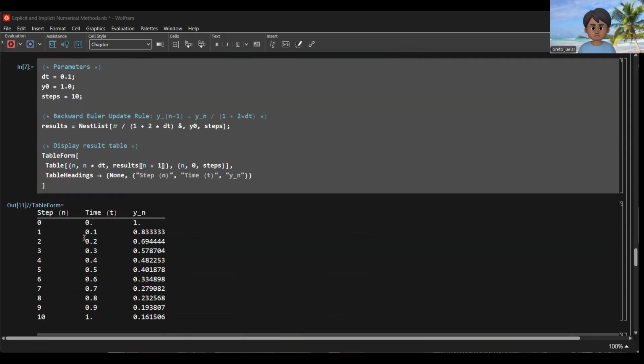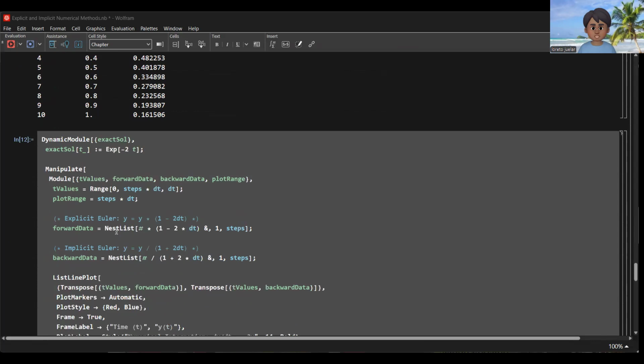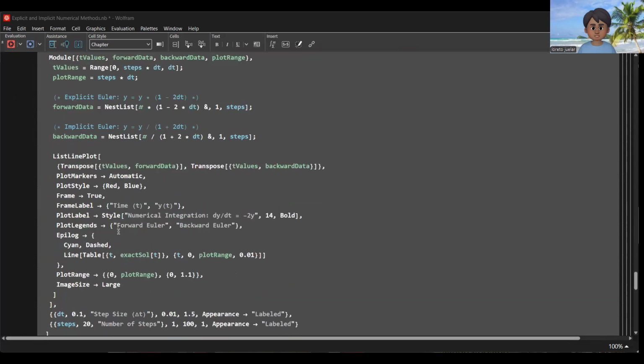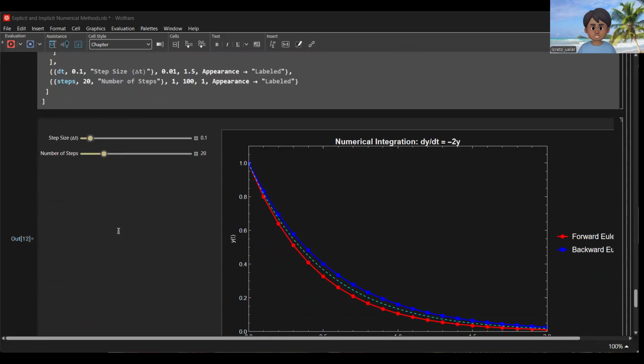So we have this using Mathematica. So we have these points. Then let us use the dynamic module here of Mathematica. So we have the red here for the forward Euler method, and we have the blue for the backward Euler method.